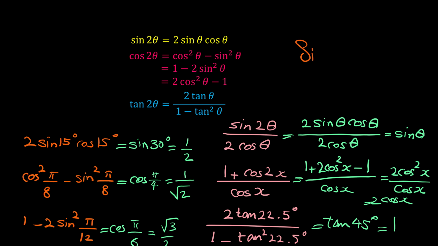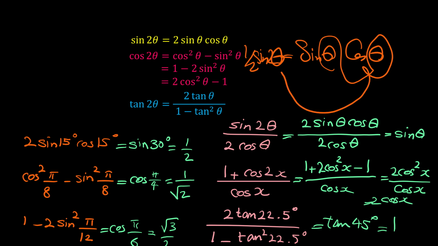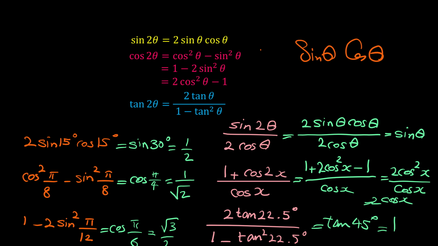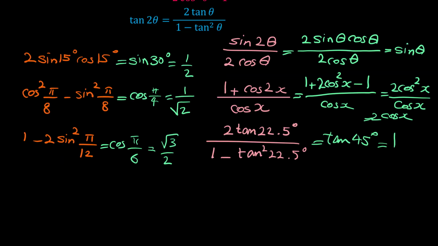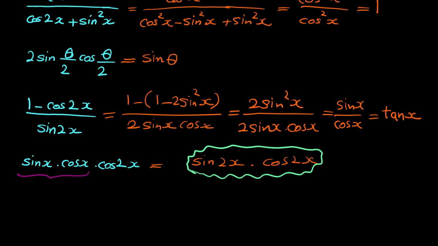Whenever we have sine of theta, cosine of theta, this equals 1/2 sine of 2 theta. Whatever the angle is here, in the left side is doubled. So, sine of 2x times cosine of 2x is 1/2 sine of 4x.